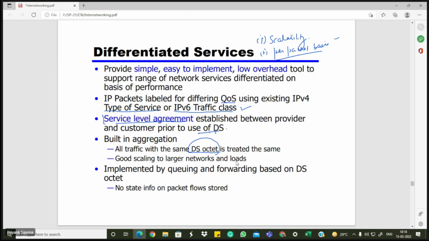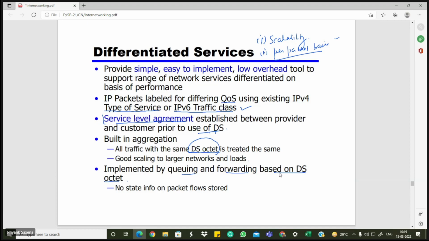So good scaling to larger networks and loads. First of all, there is no burden of maintaining soft state at each router in a larger scenario. And even though traffic increases, like we get a higher traffic load, there will be no issue of scaling, right? Implementation is by queuing and forwarding based on the DS octet.